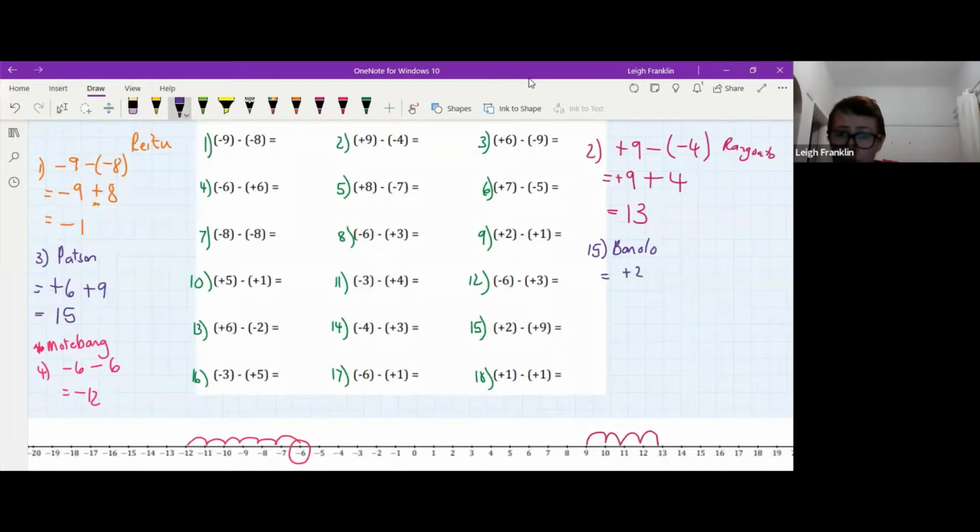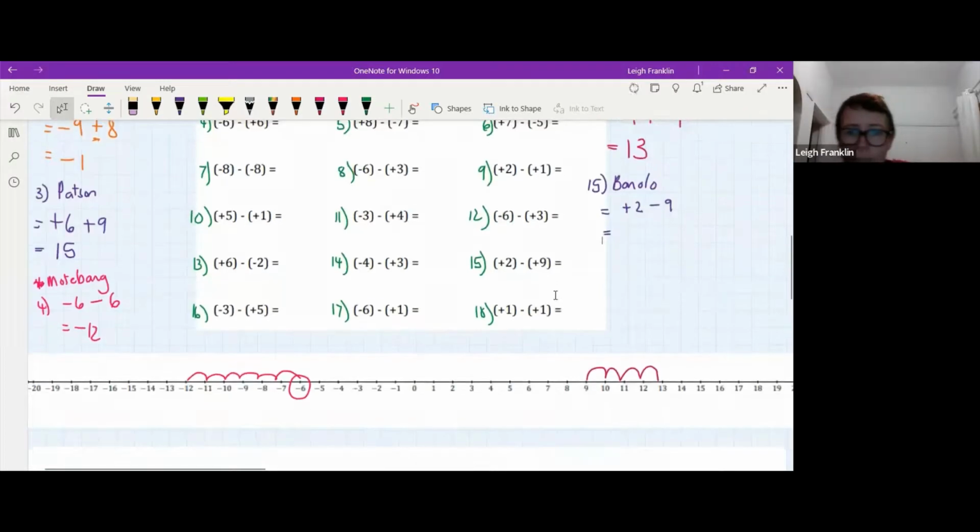Then minus and the plus together is minus. Well done, Bonolo. And then we're going to write 9. The answer to the question is -7. Oh, Bonolo, that's amazing. Well done. Beautiful work. Nice job. Very, very good. I'm really, really pleased.